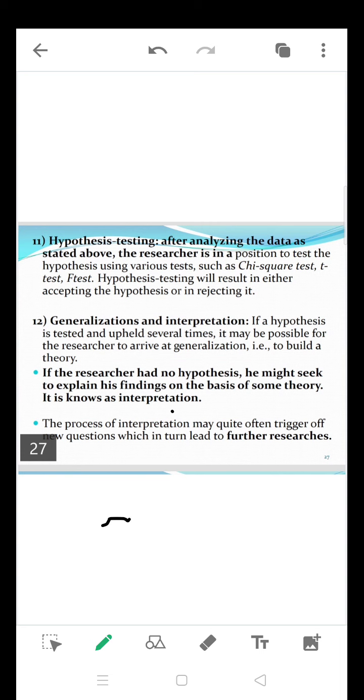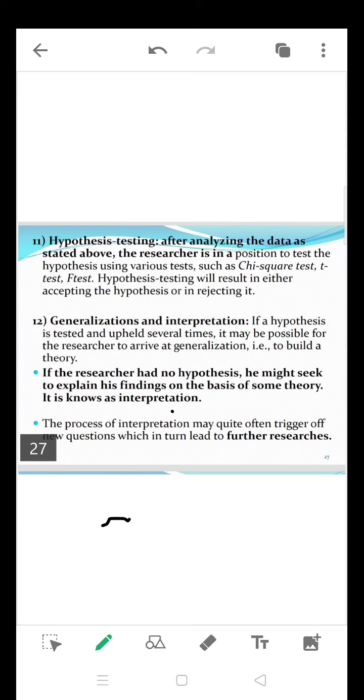So once the data analysis is done by using various statistical tools, the data is ready now. Next we need to draw inferences. Interpretation needs to be done. If the researcher had no hypothesis, he may seek to explain his findings on the basis of some theory, and it is known as interpretation.